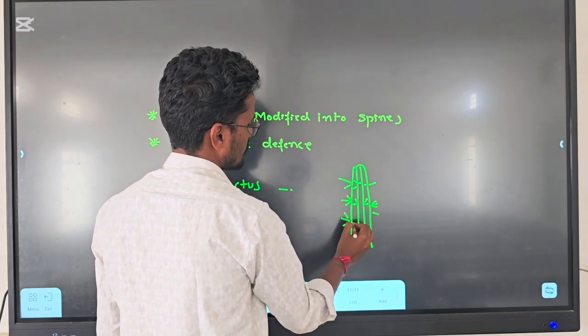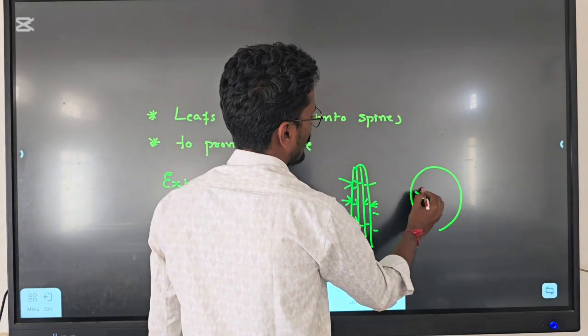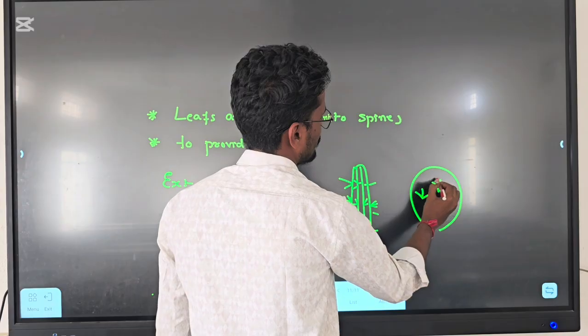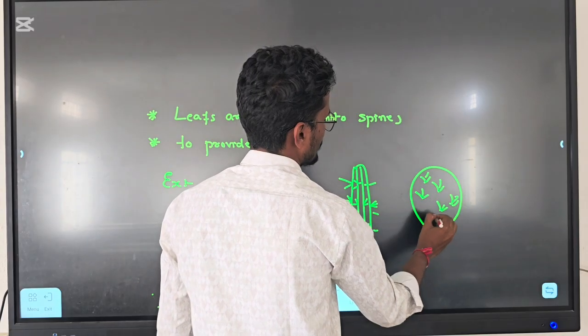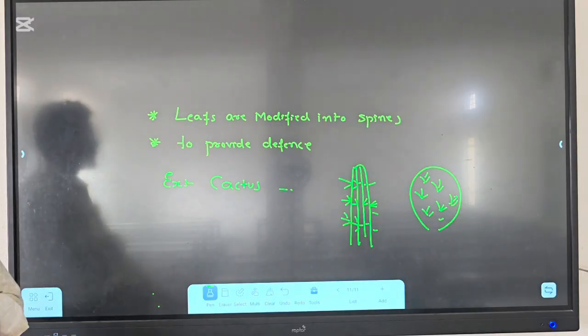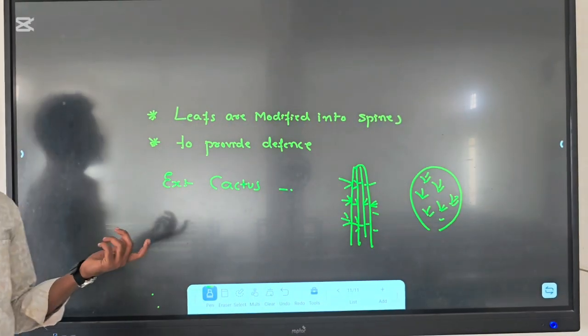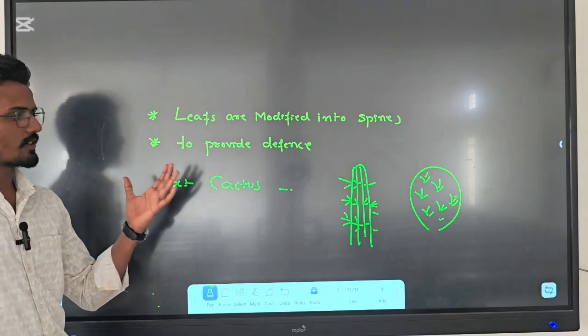These are spines, and this is how it gives protection. In another type of cactus also, leaves are converted into spines, which are your protection and defense. This is another type of leaf modification. So we have studied now climbing and protection, nothing but defense.